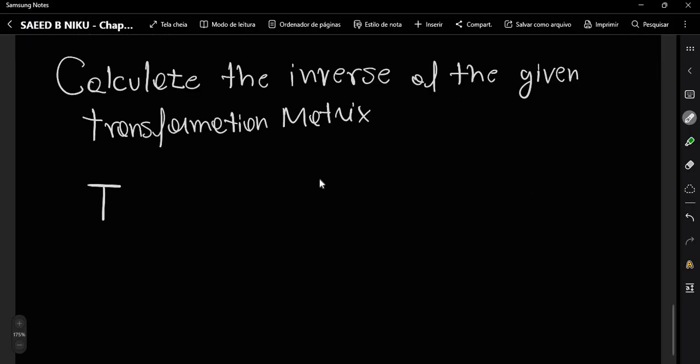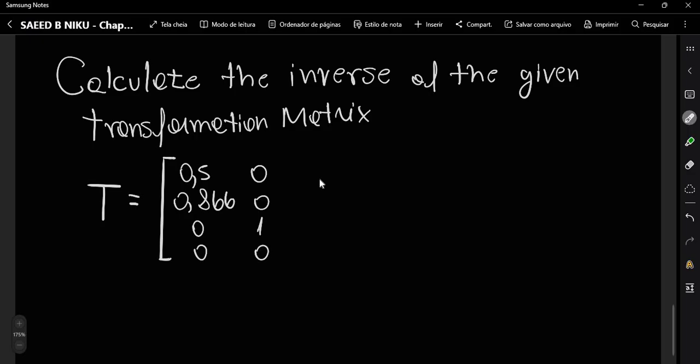So the given transformation matrix is that one. 0.5, 0.866, 0, 0, 0, 1, 0, 0.866, minus 0.5, 0, 0, 3, 2, 5, and 1.